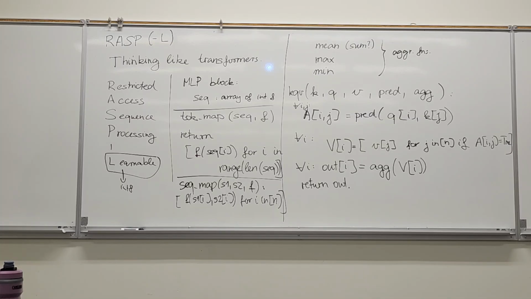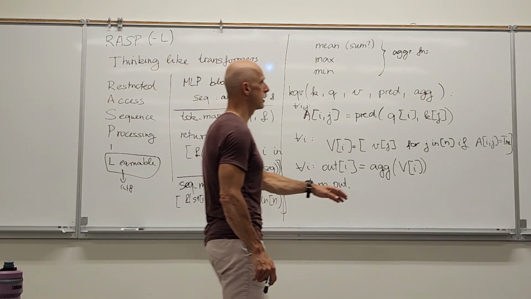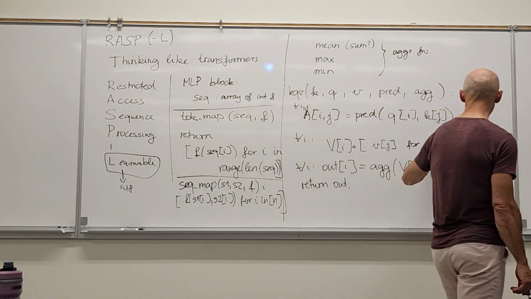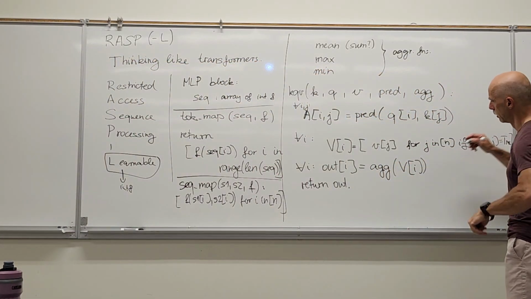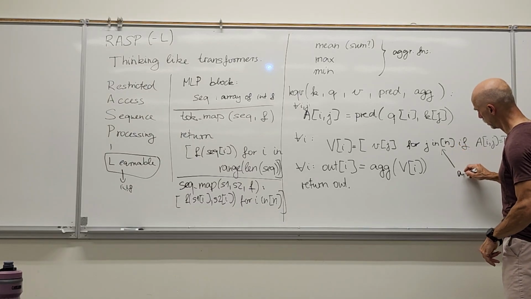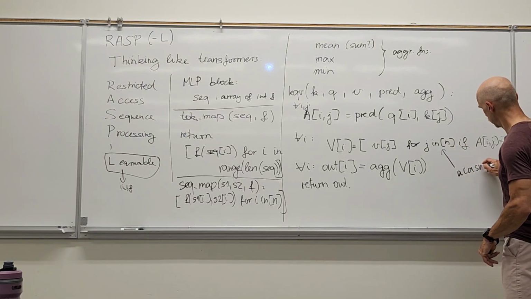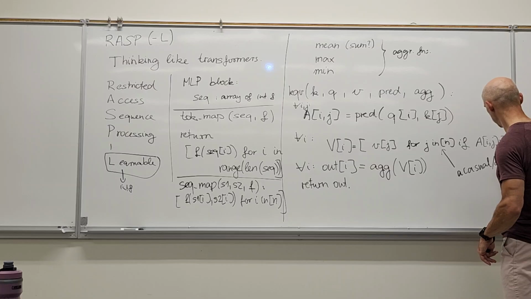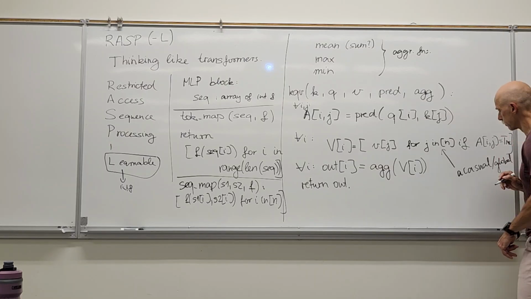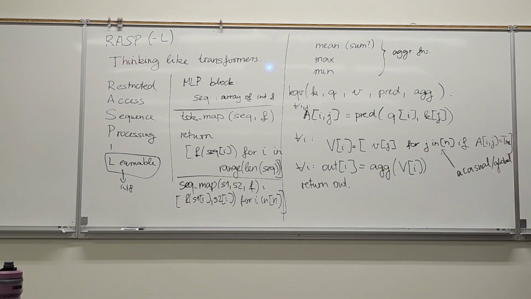can do. So with this version, and this is not the L version, the reason for that is because here the attention is acausal, or global. So if you wanted to calculate the length of a sequence, you could.